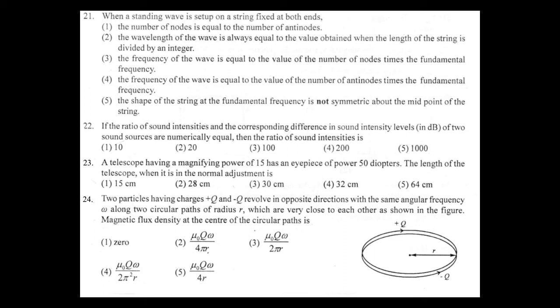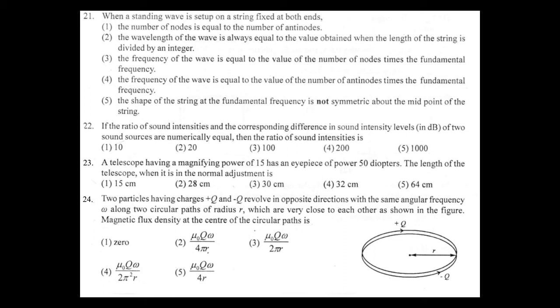Then I is current, I is q over t, and omega is 2 pi over t, and with that you can find t equal to 2 pi over omega, and the current is then I equal to q omega over 2 pi.